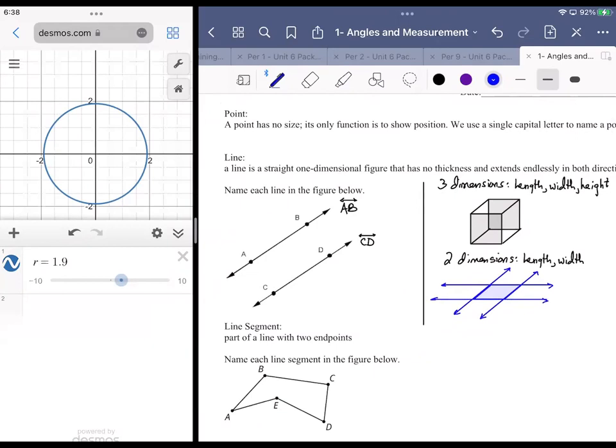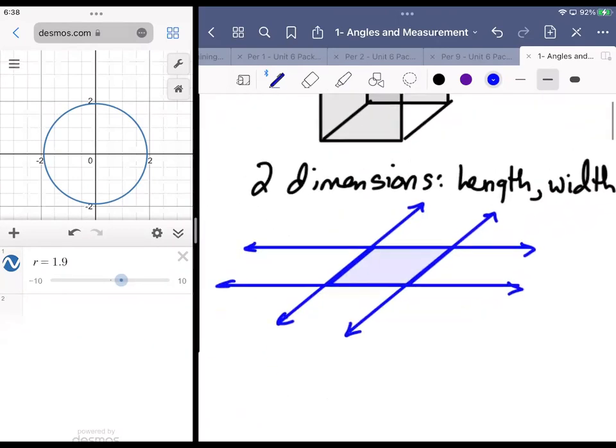Right? So when we get to a line segment, we're just talking about a part of a line. So if I'm looking at this as an example, let's say I call this point A, this point B, C, and D, very creatively, then this little line segment here would define the entire line that it exists as part of.